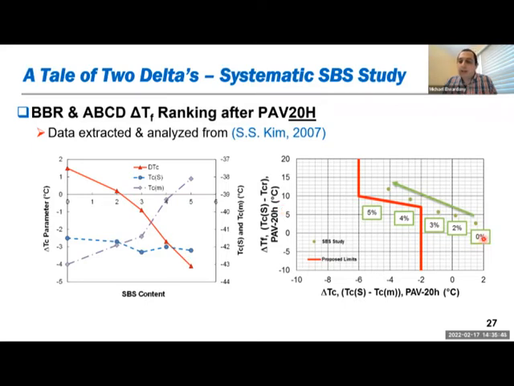And you can see that if you use 2.5 as the threshold for delta TC only, then the 4 and 5% SBS, those 2 points, would be rejected. But if you use delta TC and delta TF parameters, you can see delta TC is decreasing with higher polymer modification, but delta TF can capture the additional strength added to those binders from the polymer matrix.